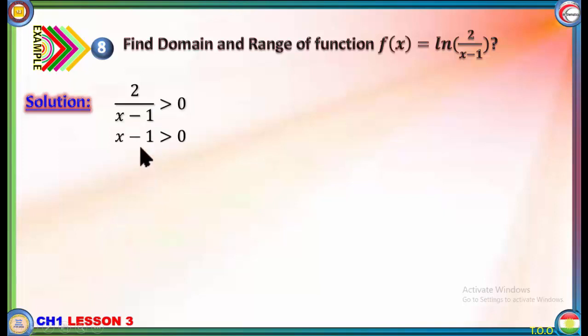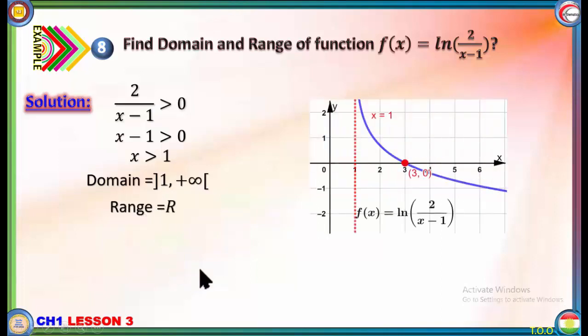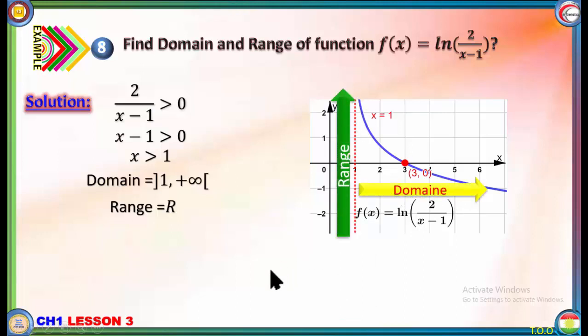By moving minus 1 from left to right, x is bigger than 1. Therefore, the domain is from 1 to positive infinity, and the range is all real numbers, as shown in the graph of the function. Domain bigger than 1 and range all real numbers.